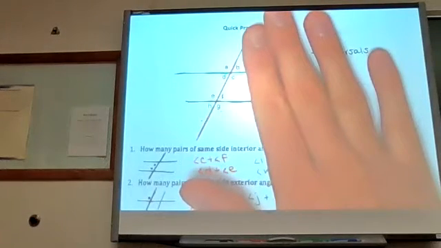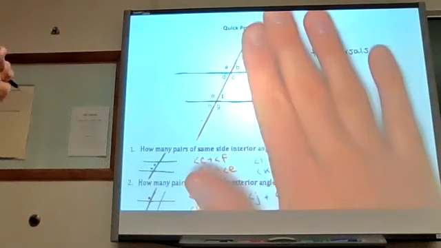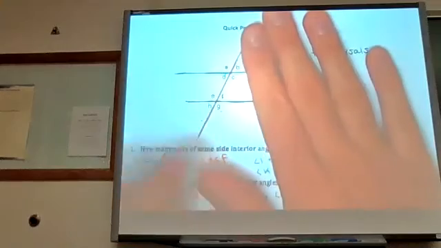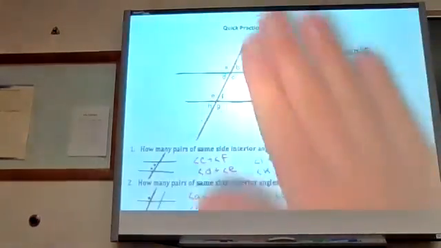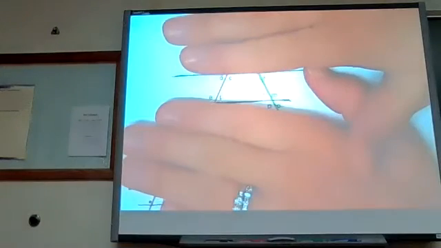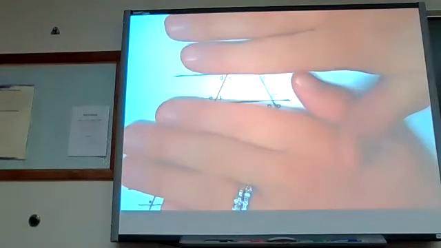A and C are actually vertical angles from our last unit, they're across from each other. Here's our orange line, and here's the interior of that. Does that make sense?